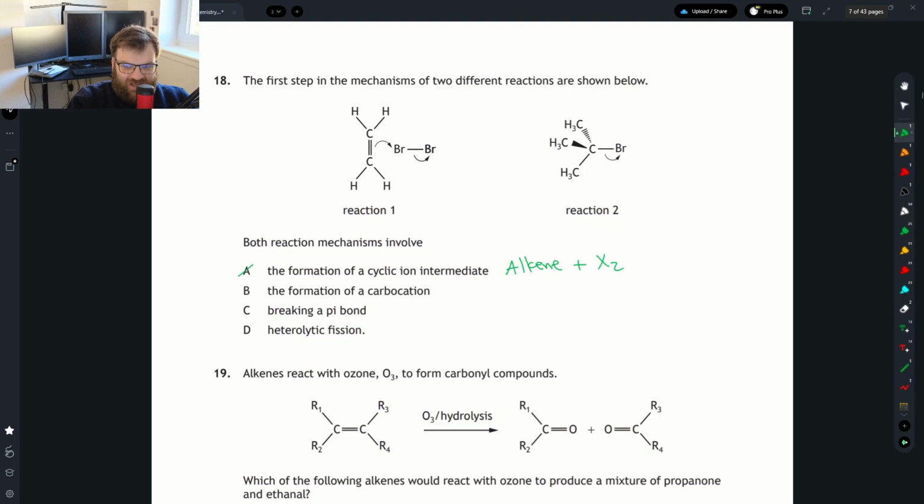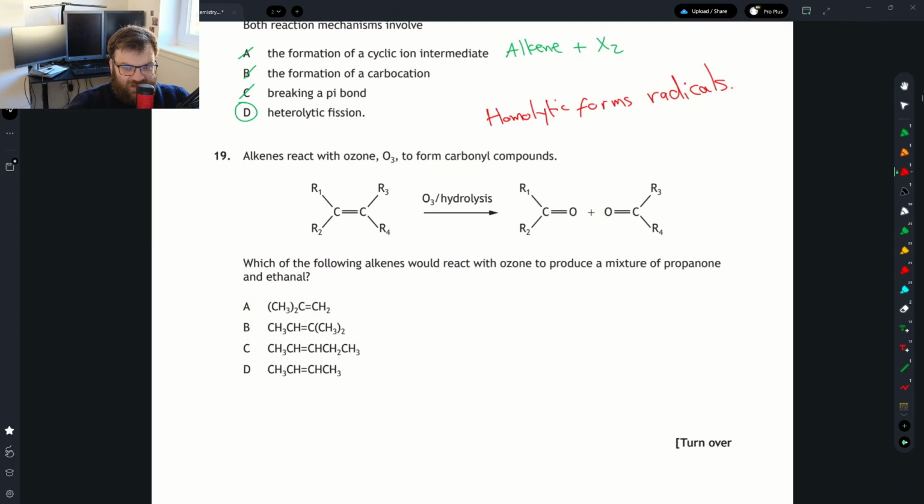A carbocation this time would form in reaction 2, but not in reaction 1. Breaking a pi bond, well, pi bonds are found in carbon-to-carbon double bonds, which only one of them has. So again, it's not that. Heterolytic means that we would be forming positive and negative ions rather than free radicals, which is homolytic fission. So our correct answer would be this one here.